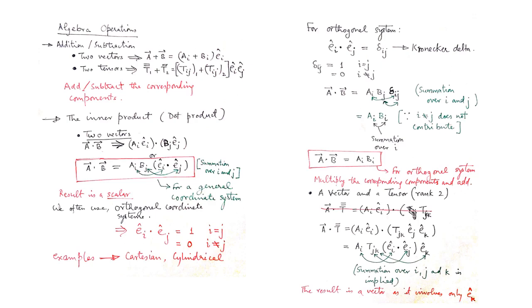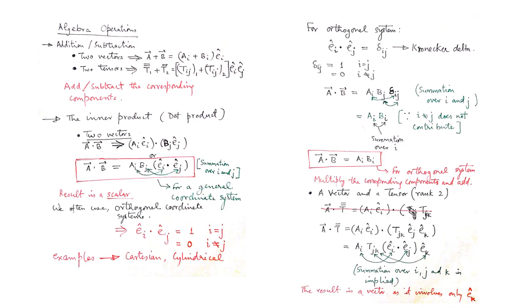So you must also be made familiar with this symbolic elegance. ei dot ej is given a special symbol in mathematics known as Kronecker delta, which is written as delta ij. So for any orthogonal system, ei dot ej is written as delta ij, Kronecker delta. And what is the meaning? This symbol means that delta ij must be 1 when I is equal to j and must be 0 when I is not equal to j.